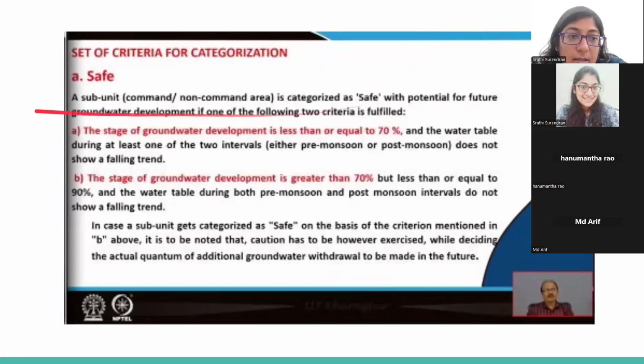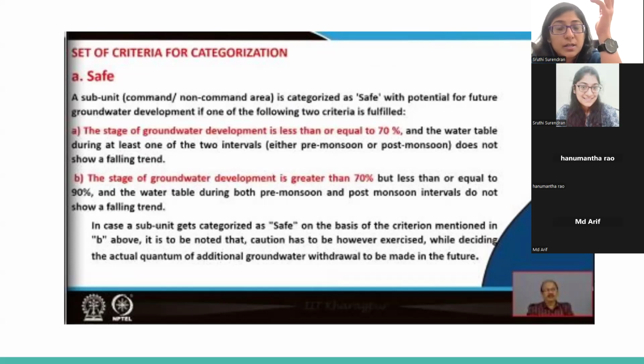So safe is a subunit of the command or non-command area where the potential for future groundwater development is really good. They're talking about the potential of groundwater development. The present stage of groundwater development is less than or equal to 70%, and the water table during at least one of the two intervals, either pre-monsoon or post-monsoon, is showing a declining trend.